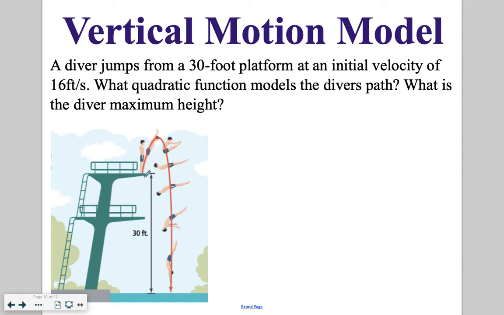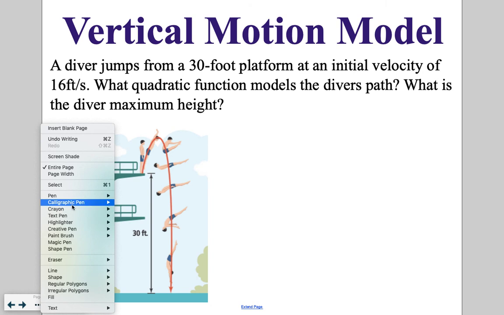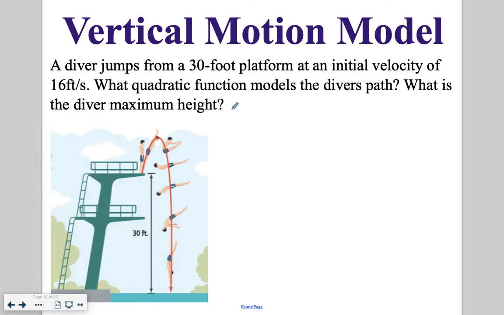So you can see that as a diver comes off of a platform, it forms a very narrow, but still quadratic parabola. So in order to complete our model here, again, our equation was h of t is equal to negative 16t squared plus our initial velocity times time plus our initial height.